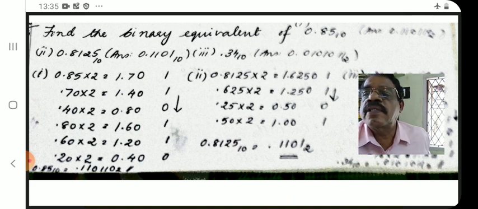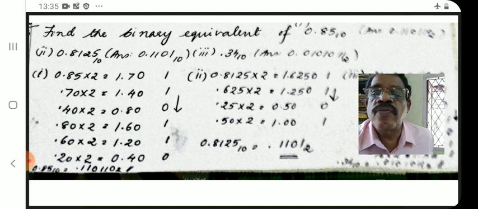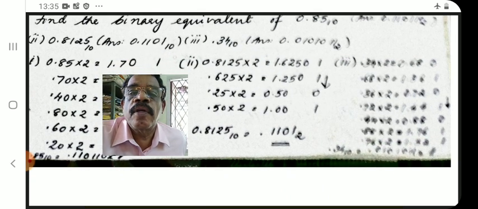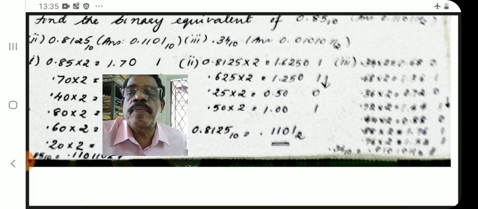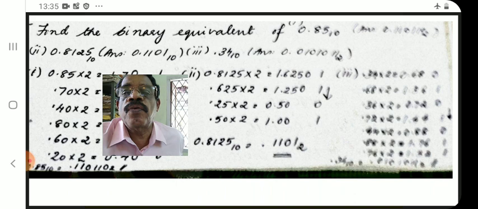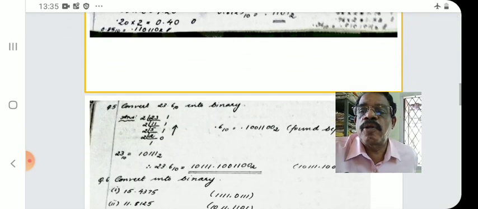On multiplication, finally we get the answer 0.1101 to the base 2. Similarly, 0.34, you multiply, and we get the answer as 0.010011 to the base 2. Simply you multiply.